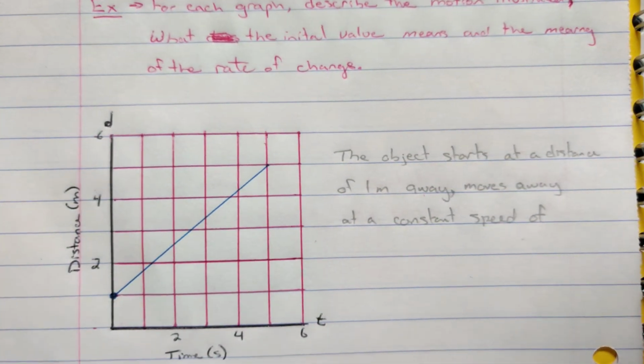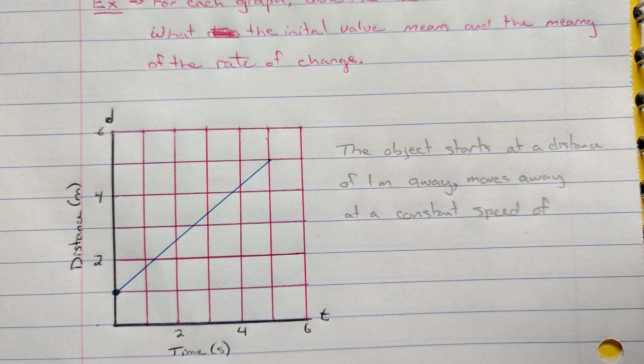Now, to find the constant speed, we need to get the rate of change. So we've got to look on here.